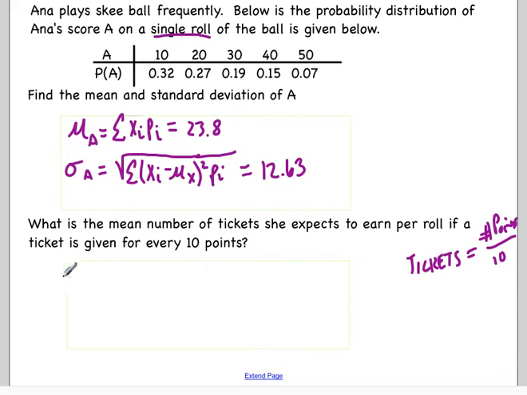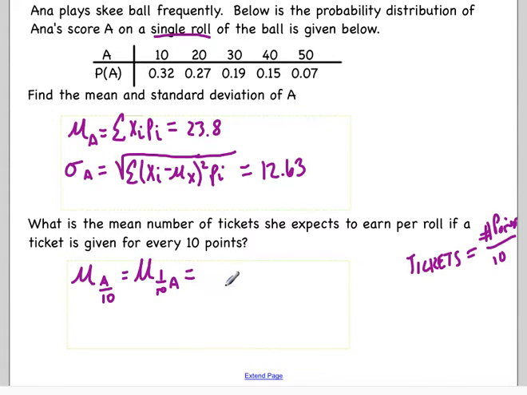So if I'm going to find the new mean, I'm taking the A value and dividing it by 10, which we could think of as the same thing as 1/10 times A. So realize we're multiplying by a constant.